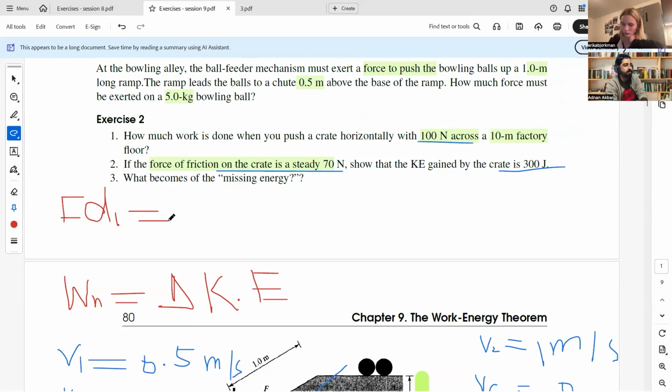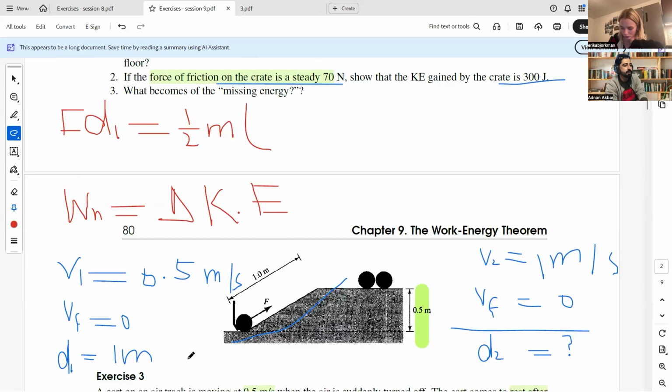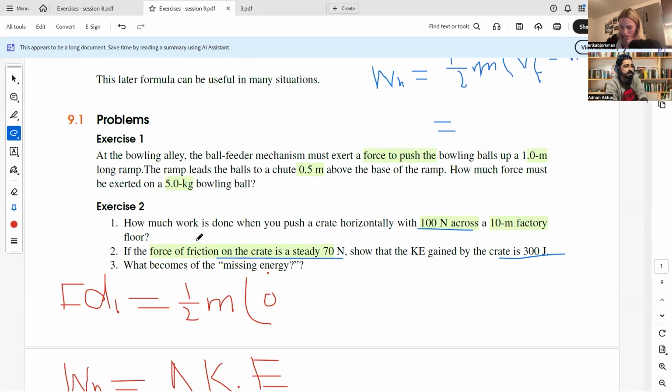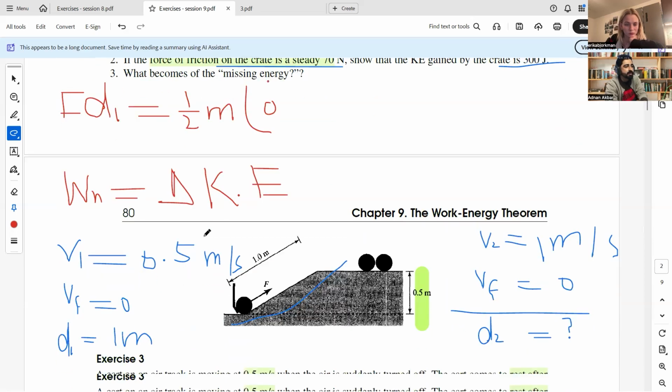So Fd1 is equal to half m, as its final velocity is equal to 0. We can write directly final velocity is equal to 0. Initially, its initial velocity has some value, because initially it was moving with 0.5.